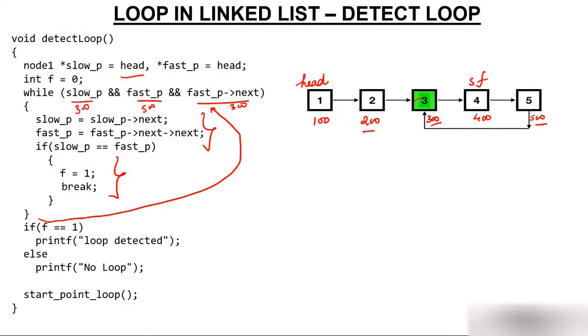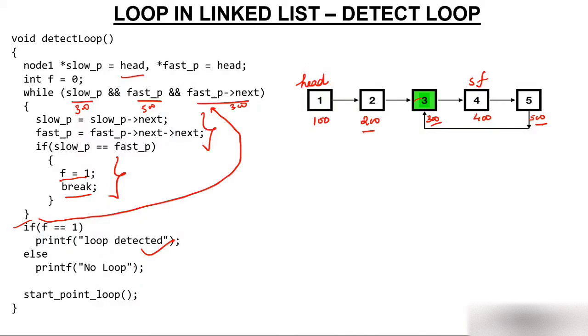Slow is equal to fast. The condition becomes true, so I'll set flag to 1 and break. When I come out of this, is flag 1? Yes. So loop detected, and my first job is done. Now my job is to find the starting node of the loop, from which node the loop originates. So now I have called this function, start point loop.